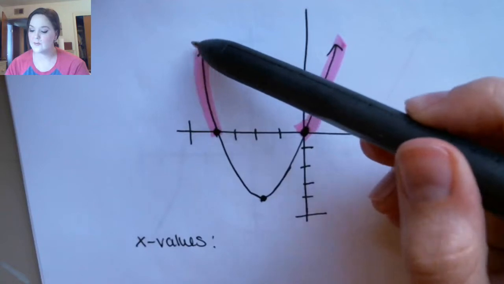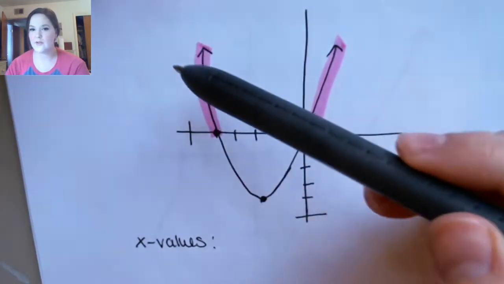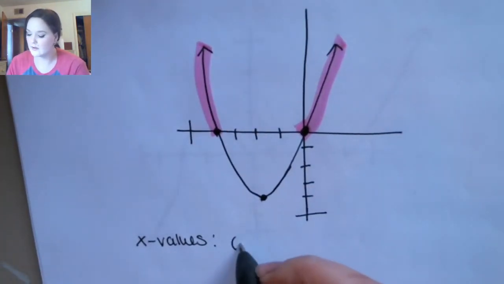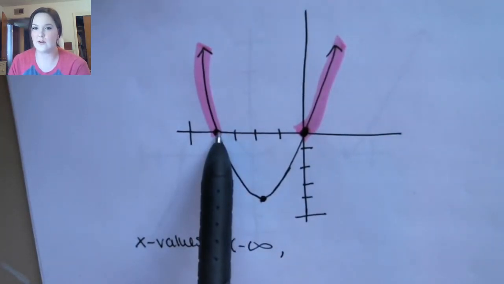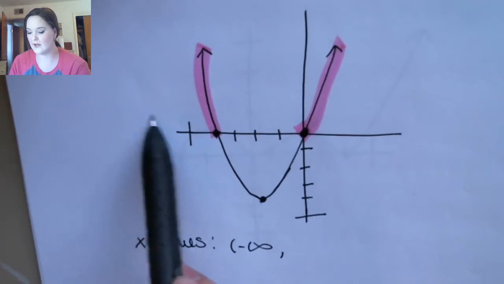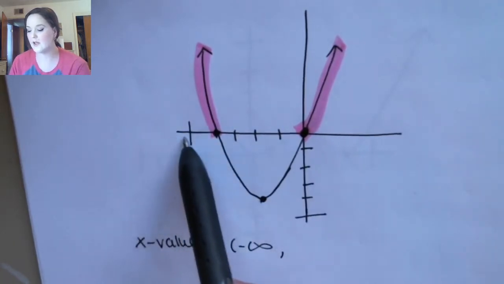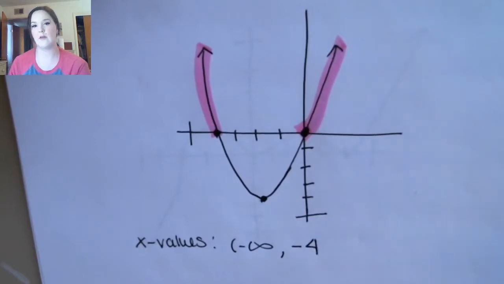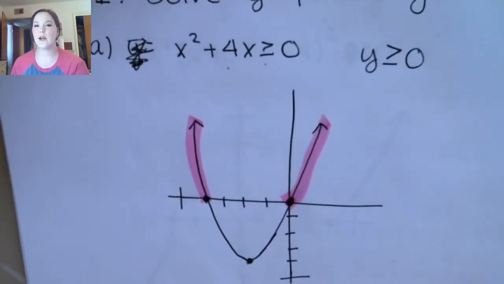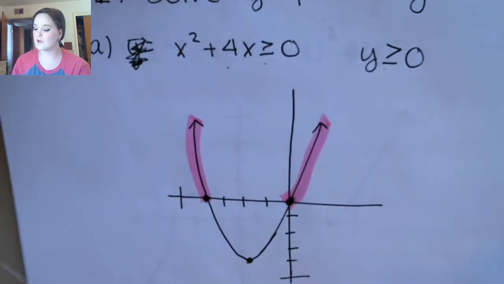So this part here, starting way off to the left at -infinity, goes up to this value here. Remember, this part continues off to the left, so that's why we stopped at -infinity, continues to this point, which is -4. Now because we have greater than or equal to, we're going to include that x-intercept.